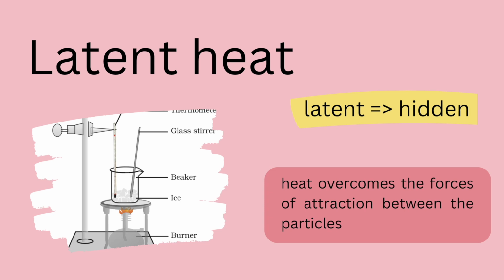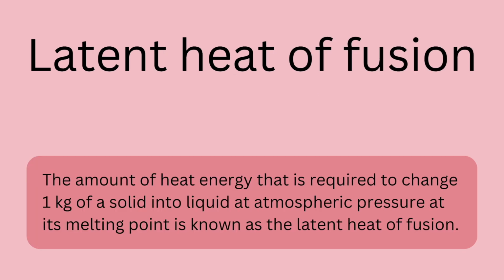So the heat is hidden, and that is what they call latent heat. Heat overcomes the force of attraction between these particles, right? That heat is what we call latent heat. Latent meaning hidden. I hope this is clear. The heat used to overcome the force of attraction between the particles. Now one more term which is very close to this but slightly different is called latent heat of fusion. We have already seen two terms.